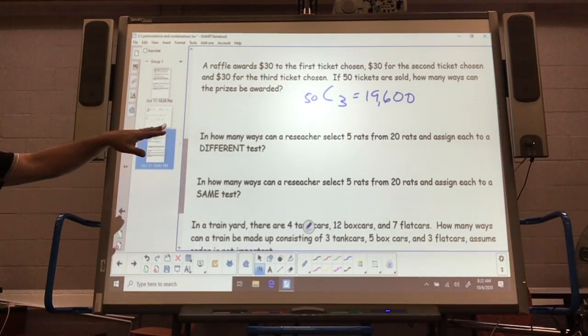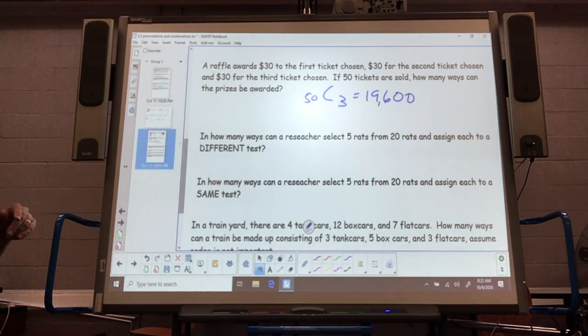How many ways can a researcher select 5 lab rats from 20 and assign them a different test? Now they're each getting a different test. Is this a combination or a permutation? Mitch, what is it? Permutation, because order is important.